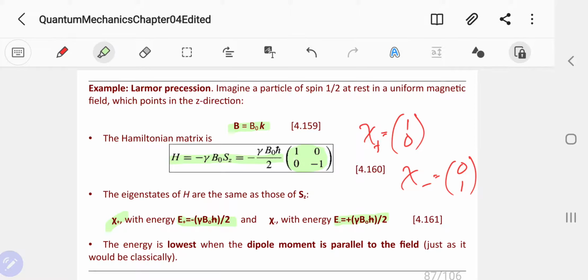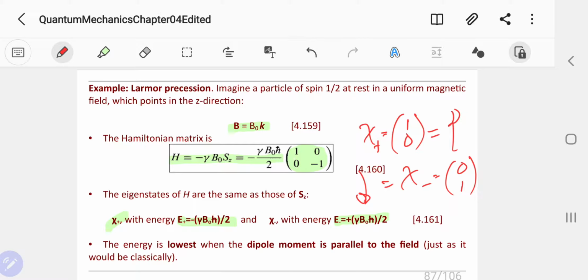So anyway, the spin 1/2 particle will have spin up, this is spin up also, and this one is spin down.